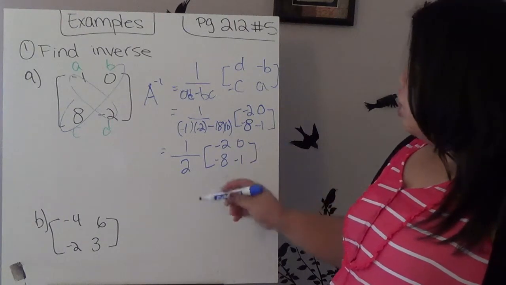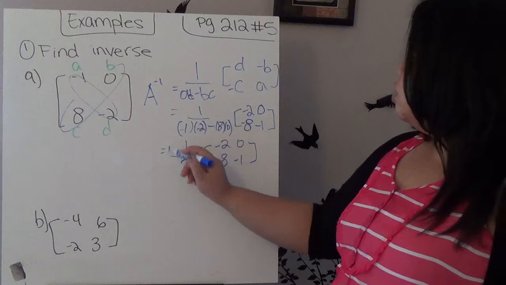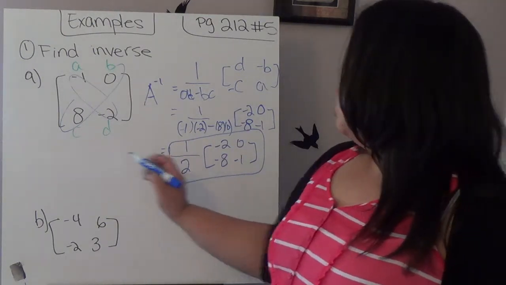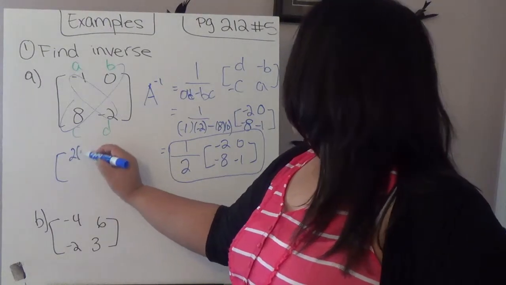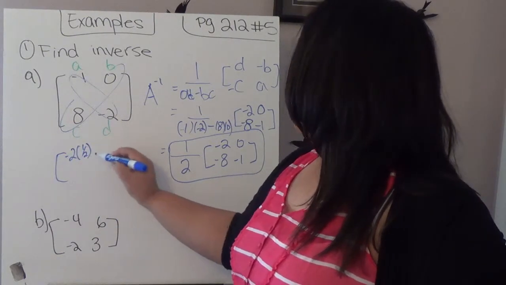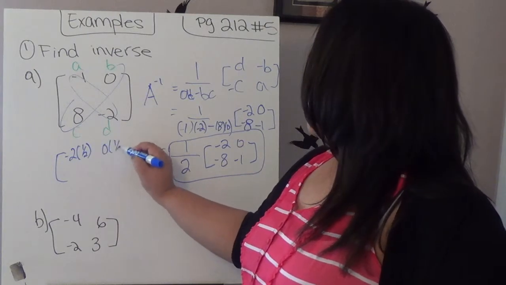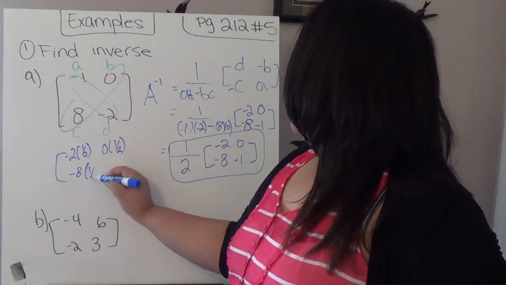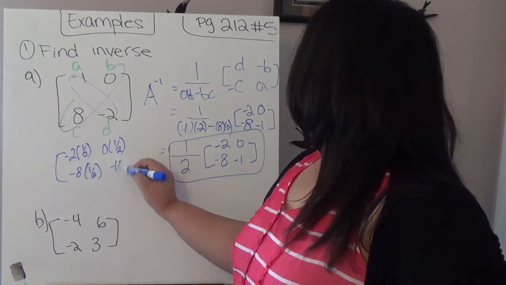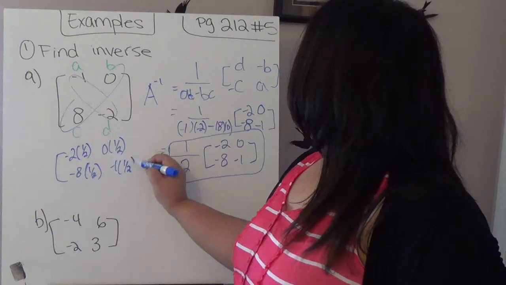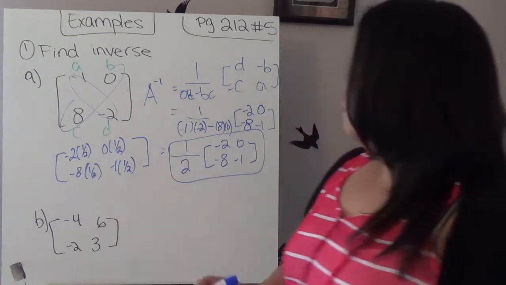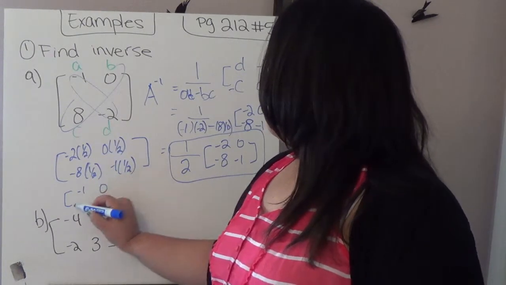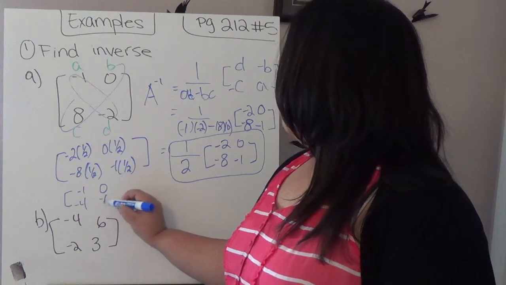But if it doesn't give you a whole number, if you get fractions, you could just make this your answer. So either this, or you multiply each one by 1/2. So 2 times 1/2, negative 2 times 1/2, 0 times 1/2, negative 8 times 1/2, and negative 1 times 1/2. This would give me negative 1, 0, negative 4, negative 1/2.